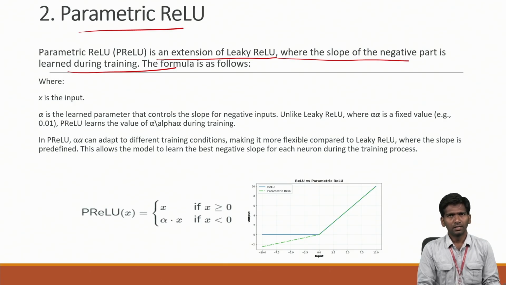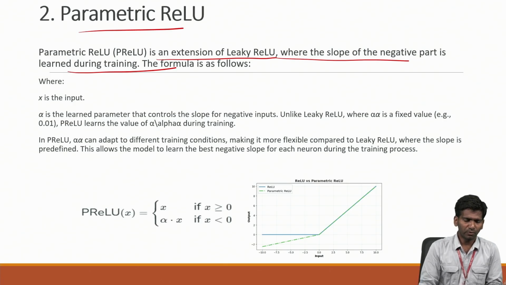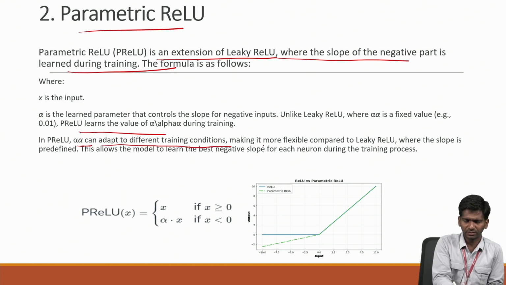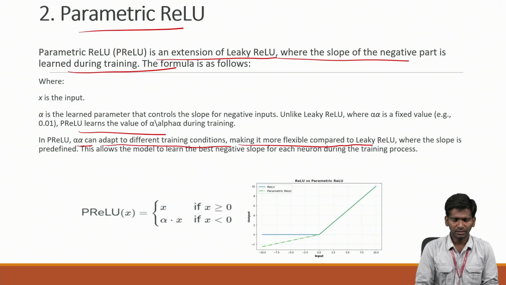That is what parametric ReLU is about, and that is what you can see here. In parametric ReLU, alpha can be adapted to different training conditions, making it more flexible compared to leaky ReLU.